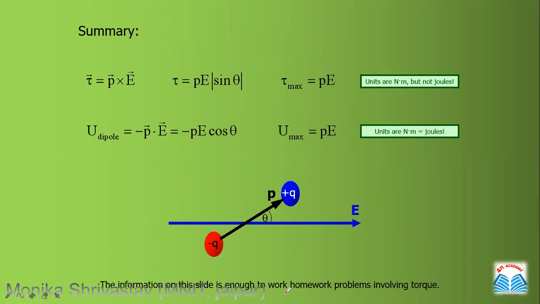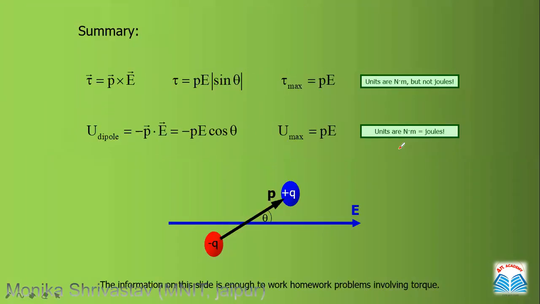So what we have studied till now: torque, which is P cross E, PE sine theta. The maximum torque is PE. The unit is Newton meter. The potential energy of a dipole, U dipole, is minus P dot E, which is minus PE cos theta. Maximum U max equals PE, and units are Newton meter again.